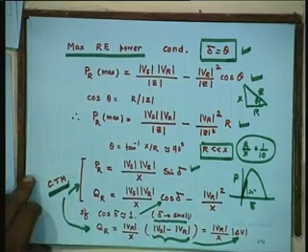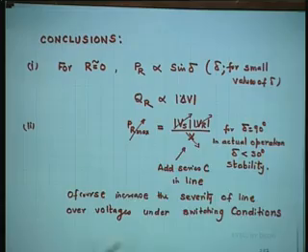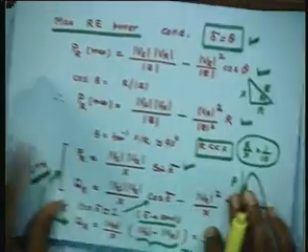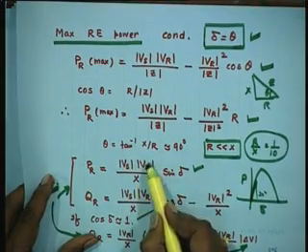these three formulas. What are the conclusions? Whatever we have done today, what are the conclusions? For resistance nearly 0, PR is proportional to sin delta. Vs Vr by x is anyway constant, given. This quantity is known, this quantity is known, this is known.